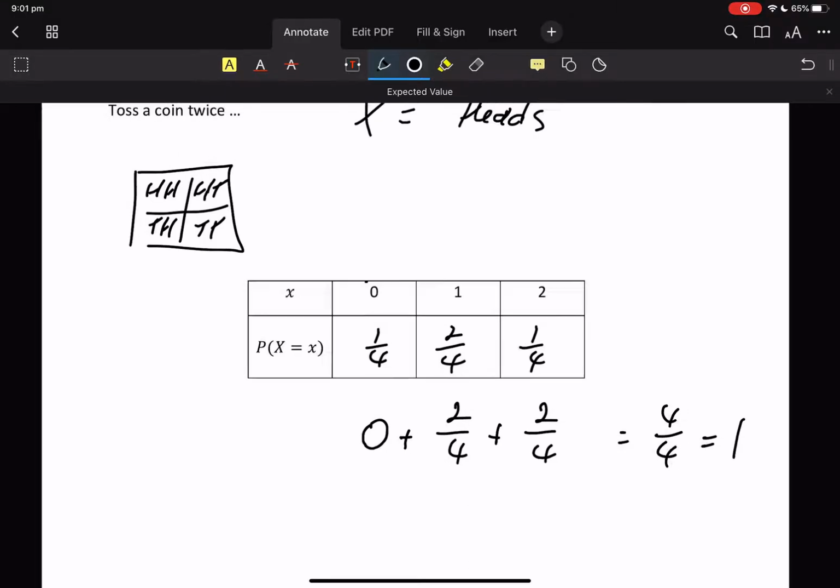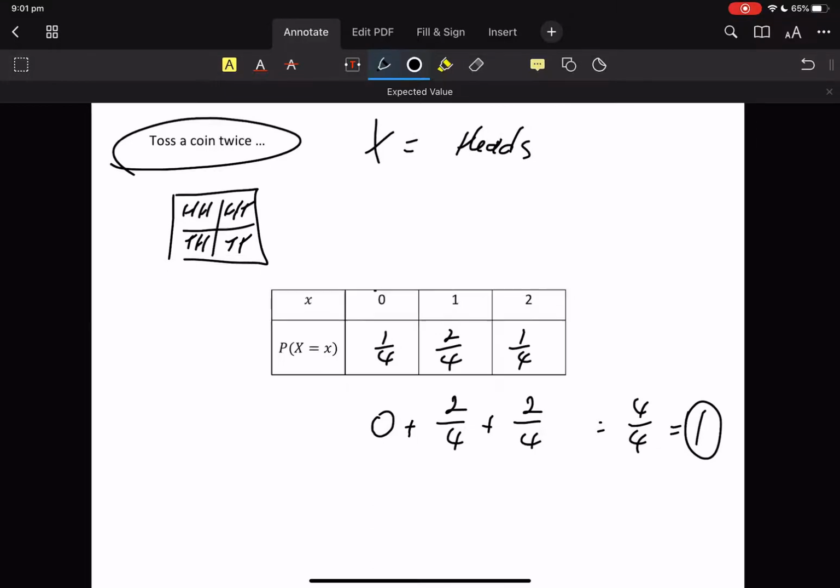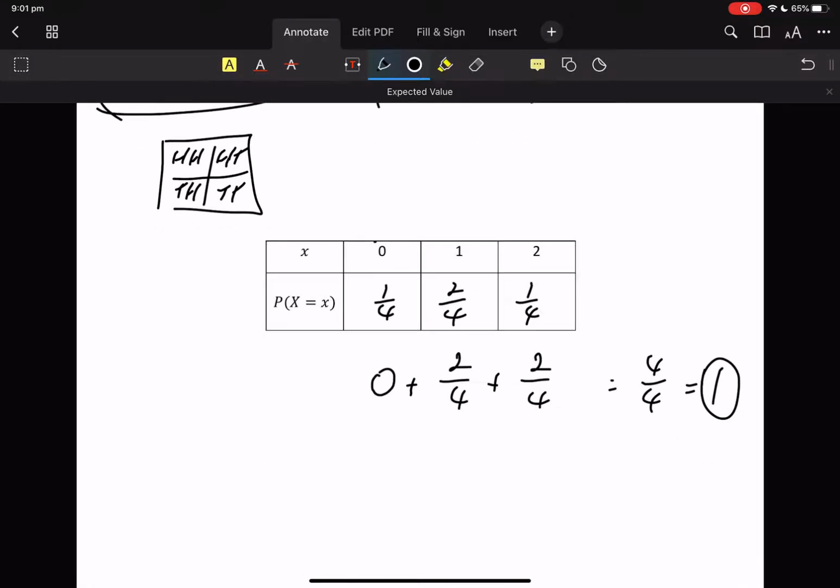Hey, if I toss a coin twice, how many heads do you think I should get? I'm probably thinking I should get 1 head. So that's our expected value. So if we think about that expected value rule, it was mu, which was the sum.